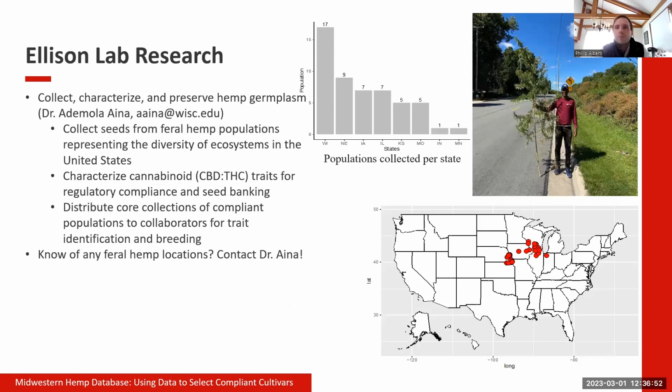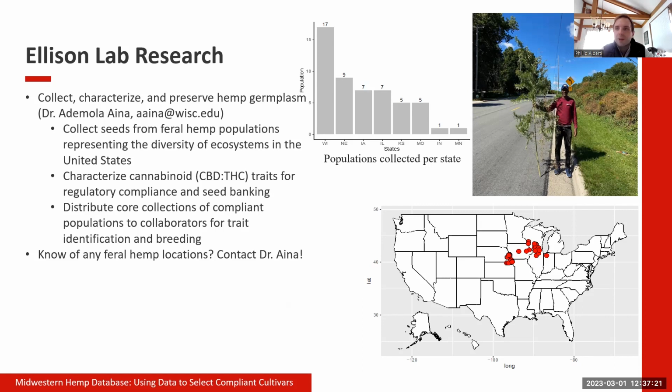So some of the work that we've been conducting: Dr. Adamola Aina has been collecting, characterizing, and preserving hemp germplasm across the region, basically looking for feral hemp collections, whether this is legacy hemp from World War II or wild hemp that's been around for a long time. We are looking to classify and categorize these collections as part of a larger breeding effort. So if you're aware of feral populations and want to contribute to this national project, let us know.